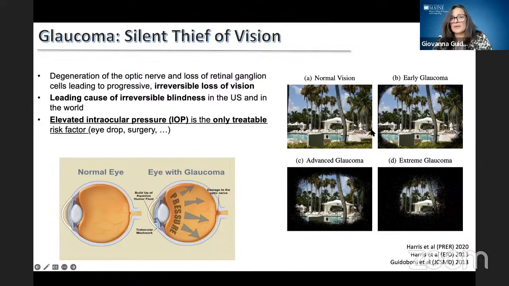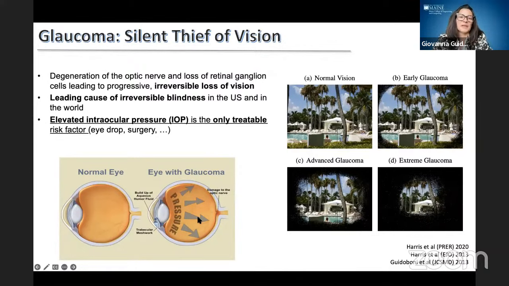The vision loss in glaucoma usually starts from the periphery. The only treatable risk factor for glaucoma is elevated intraocular pressure. So intraocular pressure, which I will often refer to by its acronym IOP, is the pressure that establishes in the fluid within the eye.